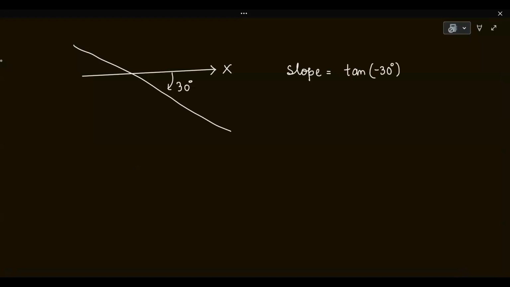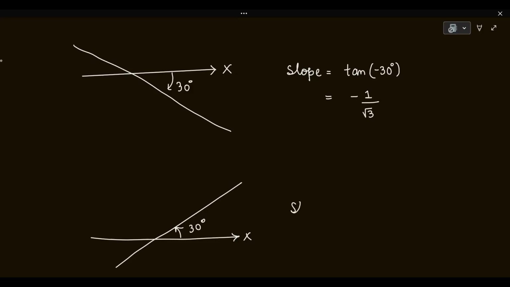I'll show you what 30 degrees looks like. See, this is the horizontal x direction, and this line right here will be plus 30 degrees. So the slope for this line is actually tan of minus 30 degrees, which is minus 1 by root 3. Please let me know if that made sense.